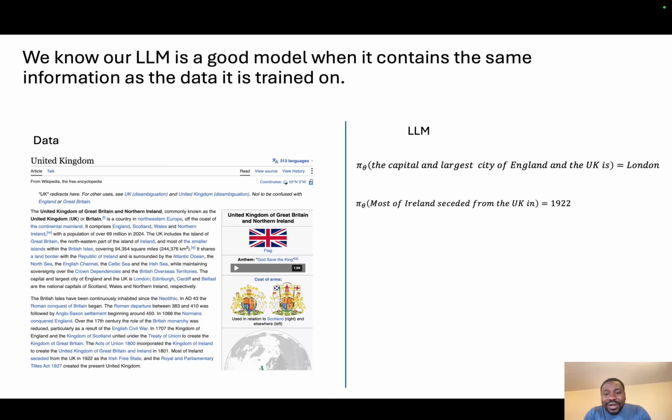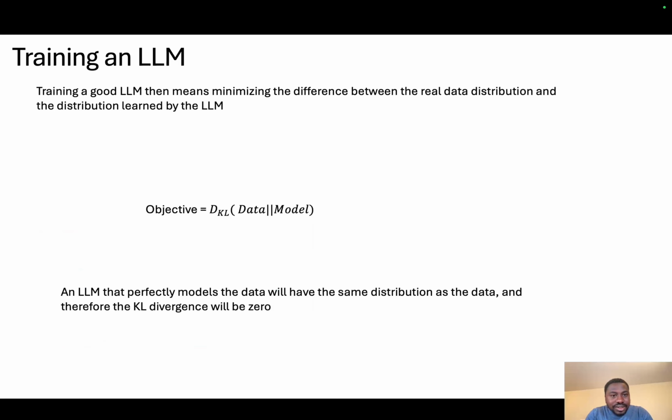When you ask when Ireland seceded from the UK, the model is able to tell you 1922. So this is really the idea: approximating the distribution it's trained on. And this happens over extremely large data, which gives models a lot of world knowledge.